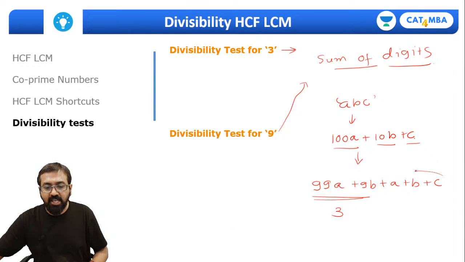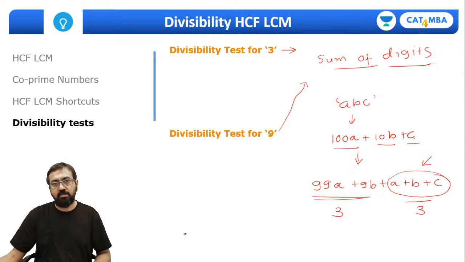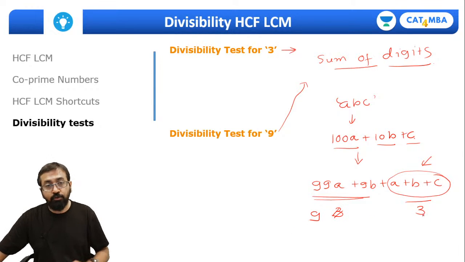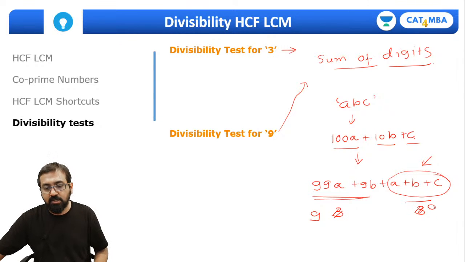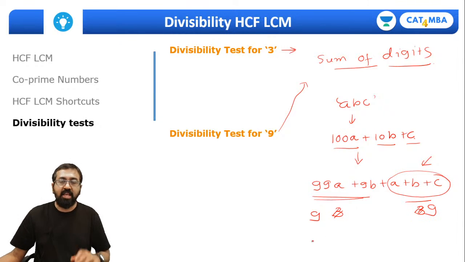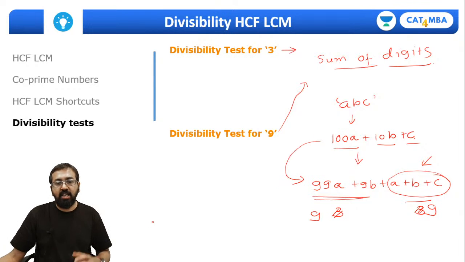So what we need to check is whether A plus B plus C is divisible by 3 or not, and this is nothing but the sum of the digits. Same way, this part is divisible by 9. So if you want to check whether the number is divisible by 9 or not, you check whether this part is divisible by 9 or not. And that's why again for 9, you check the sum of the digits. So this is just a coincidence. You can easily rearrange the value in this format, and that's how that test came.